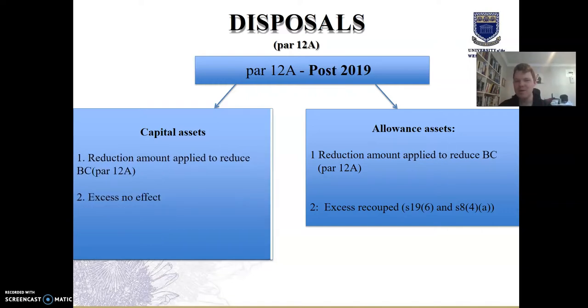Where we were, the slide is exactly the same, but what we need to first look at here is to say, well, whenever there is a debt reduction, we do two things. We take that amount of reduction, so however much debt has been forgiven, and we use it to reduce the base cost of whatever asset it relates to.